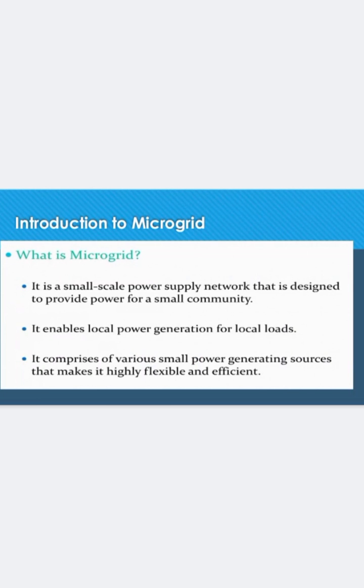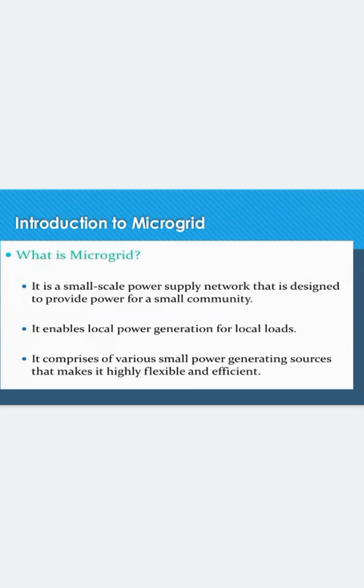Next, what is microgrid? It is a small network of electricity users with a local source of supply that is usually attached to a centralized national grid, but it is able to function independently. It enables local power generation for local loads.